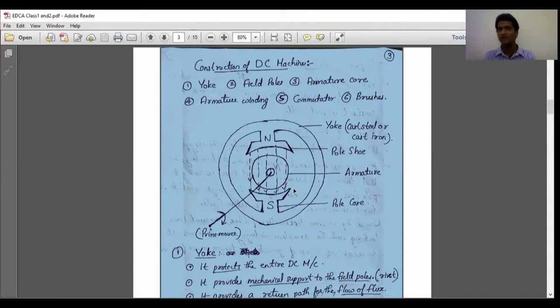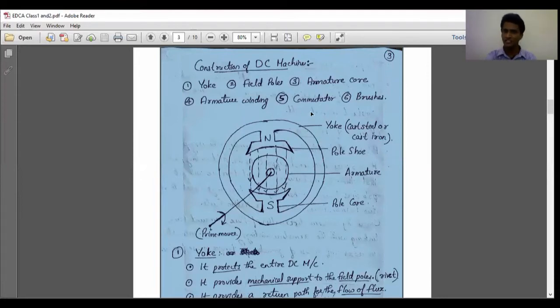I want a DC value and not an AC value. So I require an equipment which converts AC to DC. So I introduced an equipment called commutator, which will convert this AC into DC, and it is taken out.